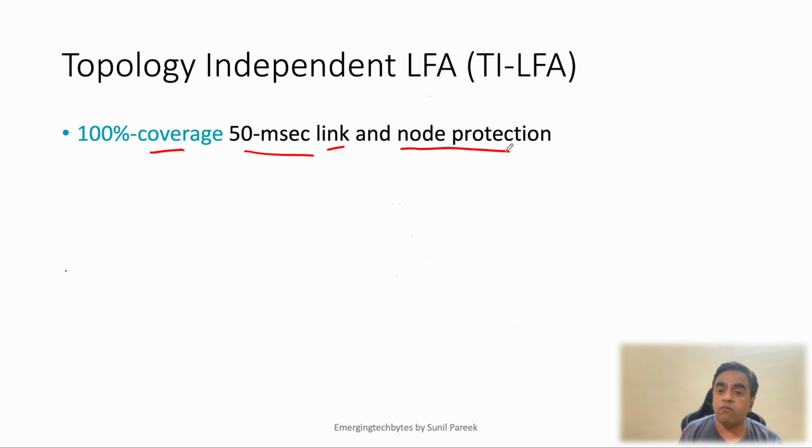That means with the introduction of TI-LFA, along with SR, of course, the research on loop-free alternate can be marked as complete because now we have 100% coverage. Why 100% coverage? I will come to that point. But not only 100% coverage.